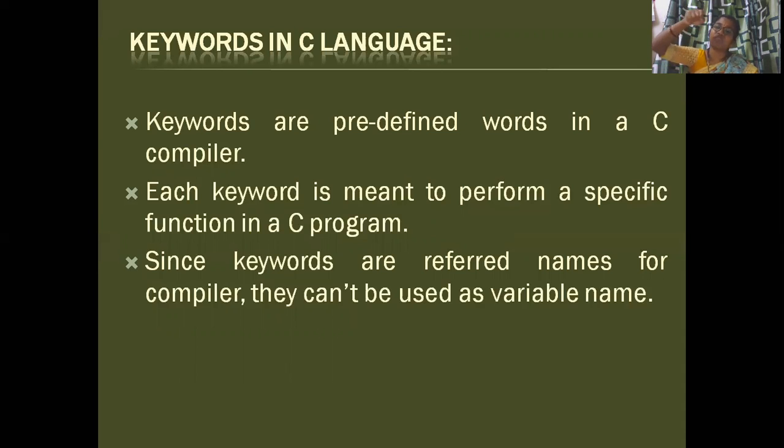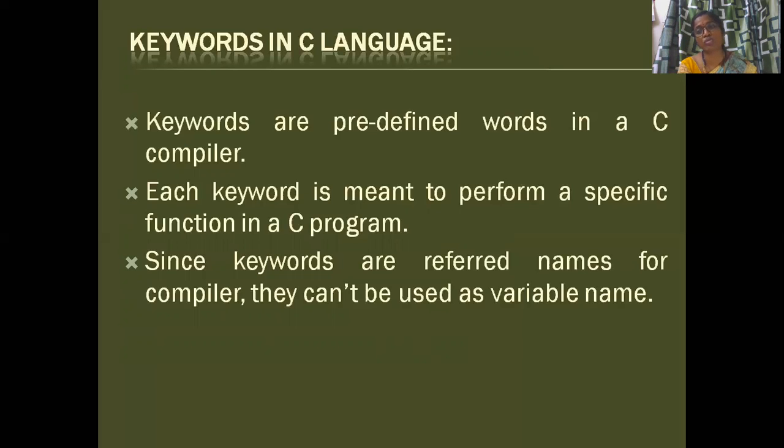After hash, I have used a word called include. Include is a keyword, and define is a keyword. Like that, we have some words which are already defined in C language. So those words are called keywords.